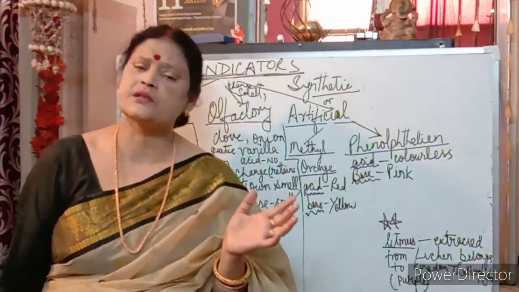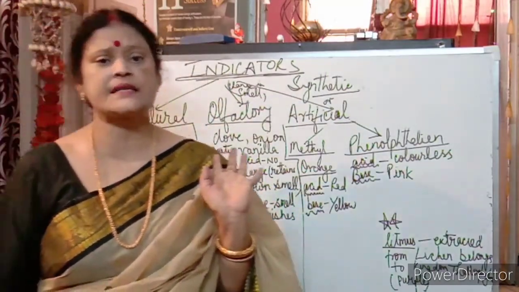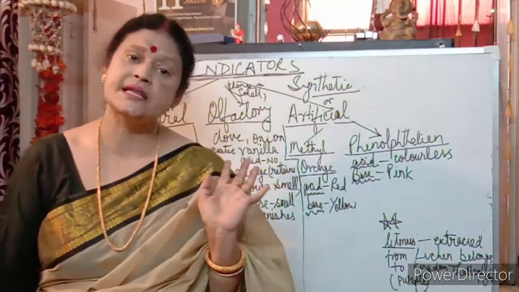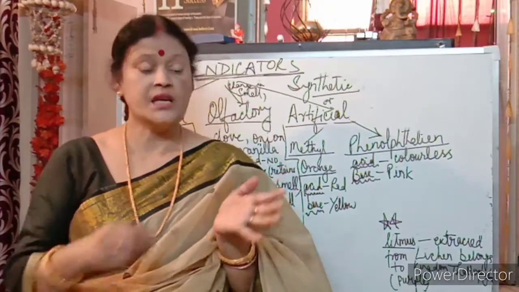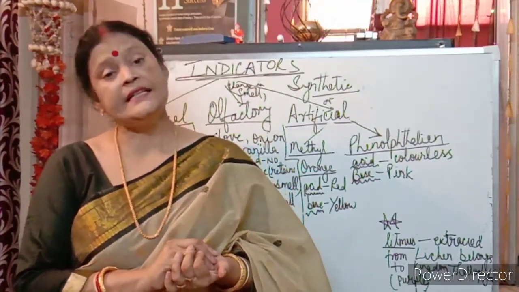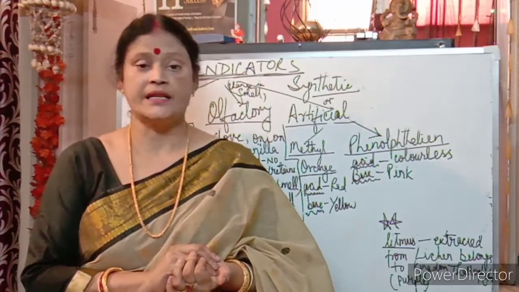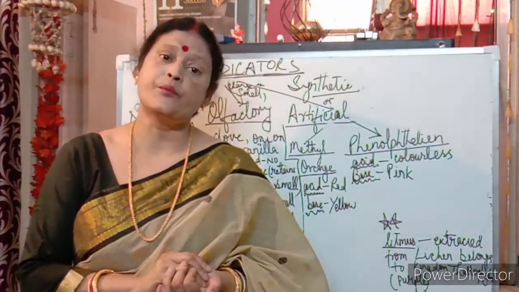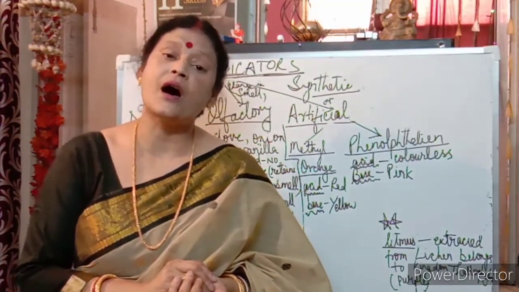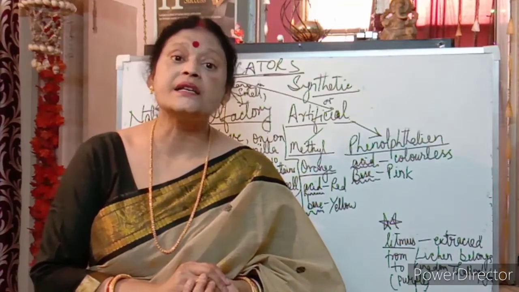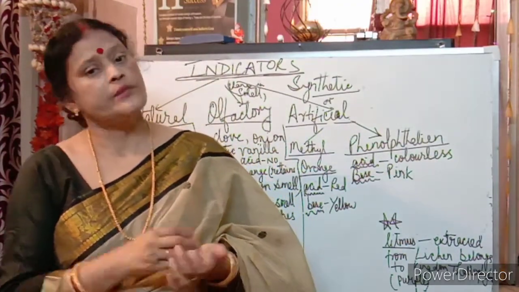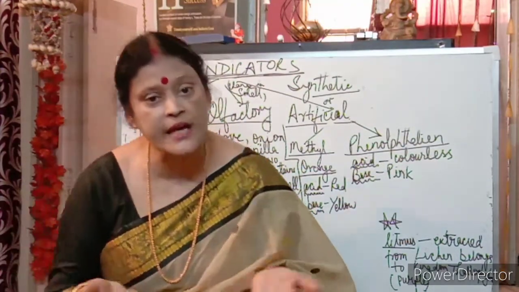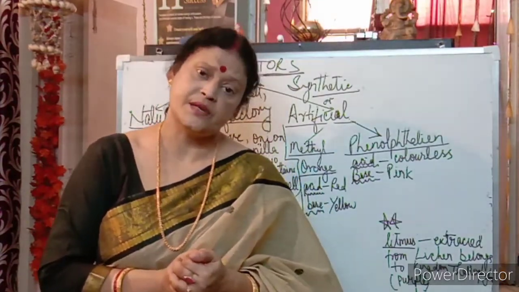The color is not there in your book, so I'm not discussing it here, but they all change the color. Clear? So these are natural indicators. I think last year in board it came, name any two flowers which are natural indicators. That is petunia, geranium, hibiscus, hydrangea. So many examples are there.